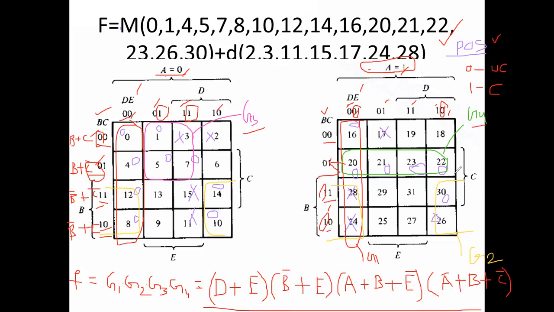And try to group by considering the don't cares also. After that, the same procedure for grouping. After grouping, we get the reduced expression. Try to practice this. If you practice, then you will remember it for a long period.